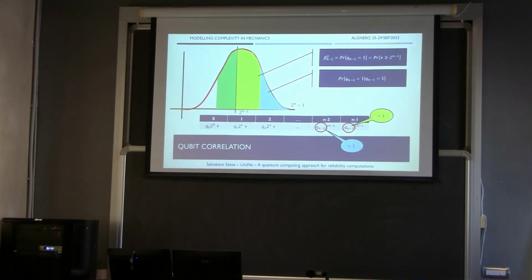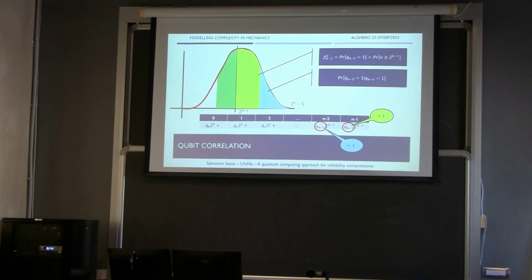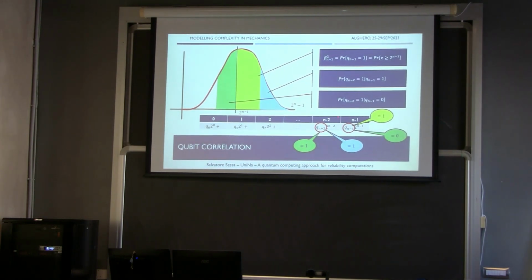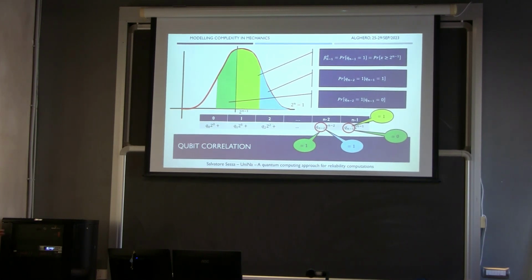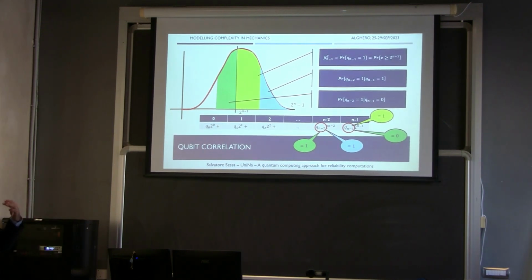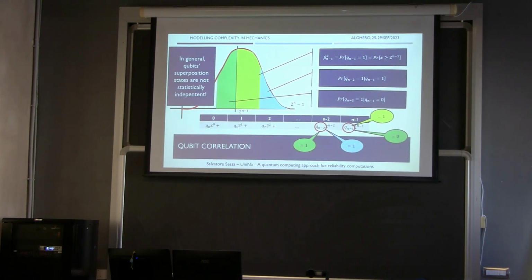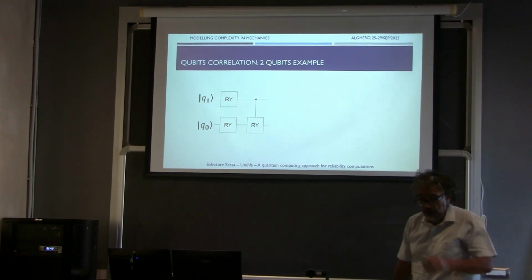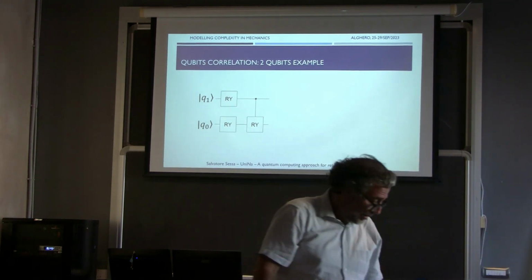On the contrary, if the last qubit is equal to 0, so it belongs to the left area, then the probability relevant to this qubit is the area in green. So in general, the probability of each qubit depends on the states of the higher qubits in the string. And in general, they're not independent. So we need to modify the superposition state accordingly.